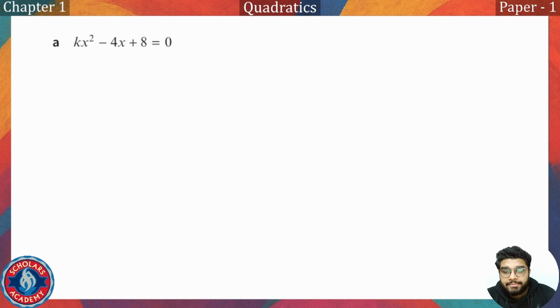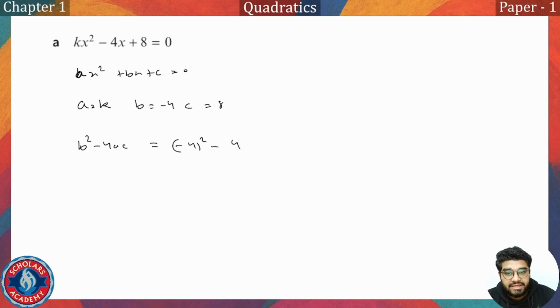Comparing it with the general equation ax square plus bx plus c is equal to 0, we get a is equal to k, b is equal to negative 4, c is equal to 8, right? So discriminant b square minus 4ac is equal to negative 4 square minus 4 times k times 8.